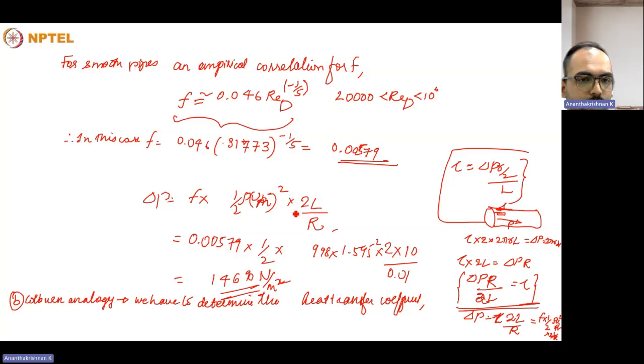Mass flow rate into Cp, I beg your pardon. So divided by the area, we will get the value of rho v into Cp. So we can actually see into it.